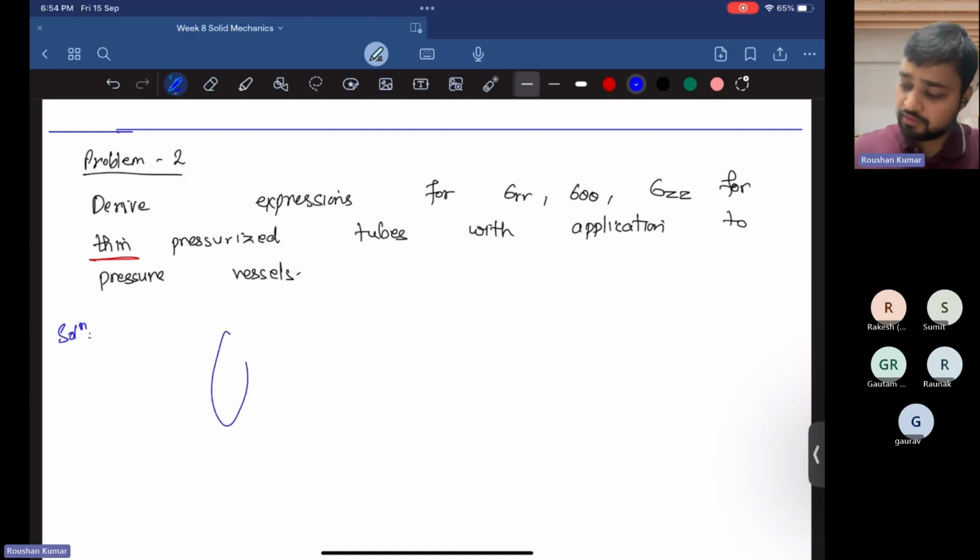For the first part, I'm just drawing the thin pressurized vessel.